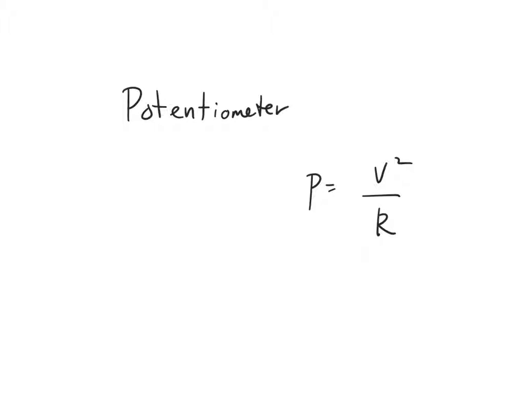The voltage is supplied by the battery. So if the resistance goes up, the power consumption is going to go down. So you get a brighter or a less bright bulb based on adding or removing resistance by turning that knob or by pushing on that joystick. Okay, that's a potentiometer. Good question.